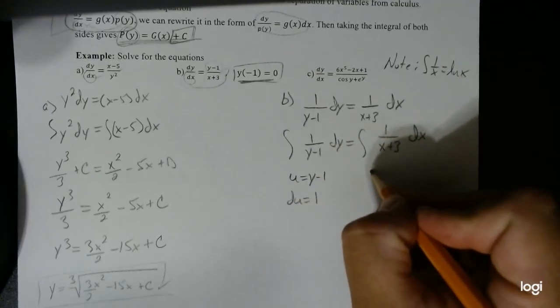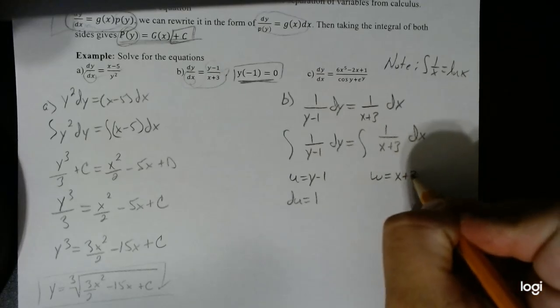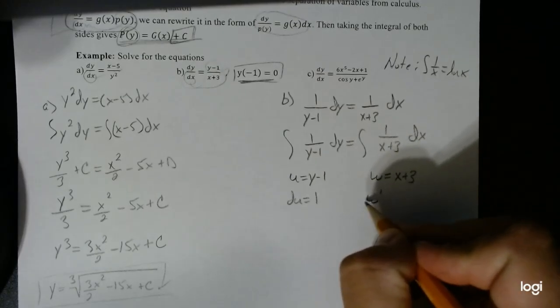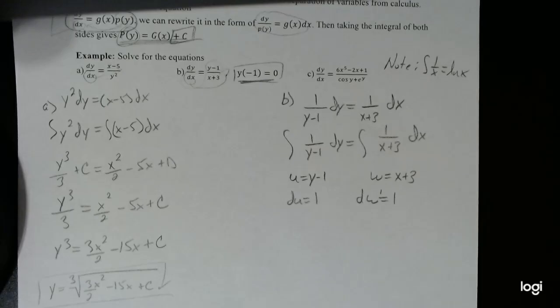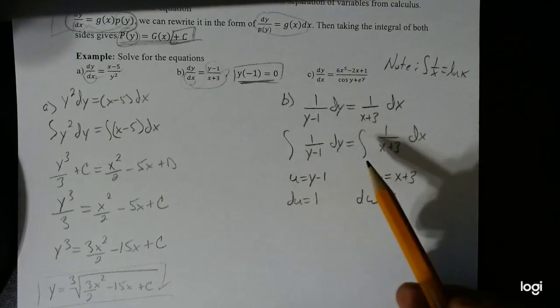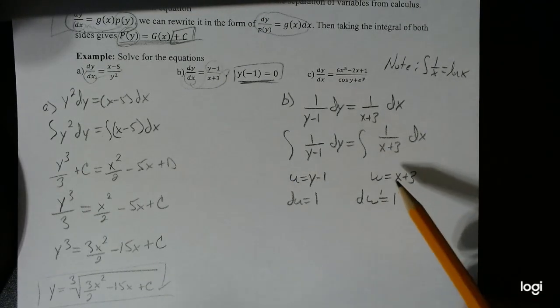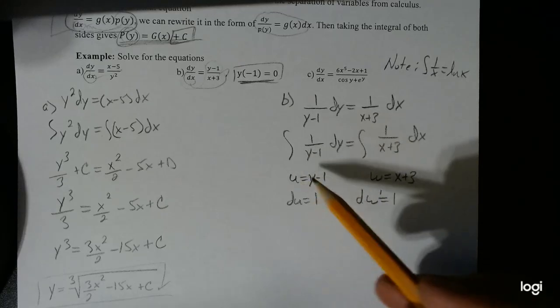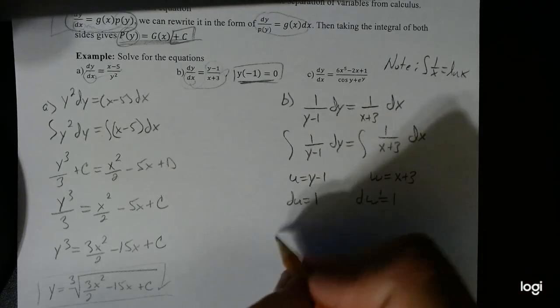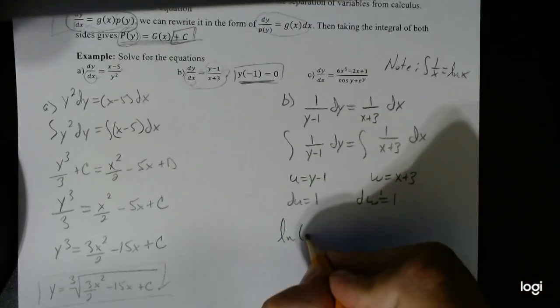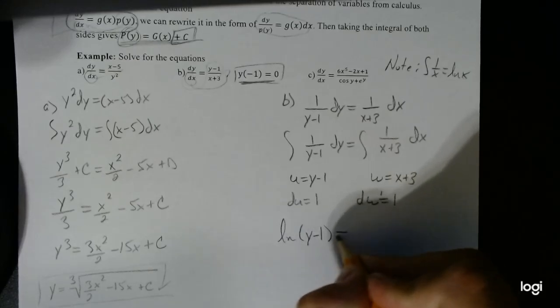Same thing applies here. So in either case, it's going to be ln of u, ln of w, and then we replace what u and w were to begin with. So we get this.